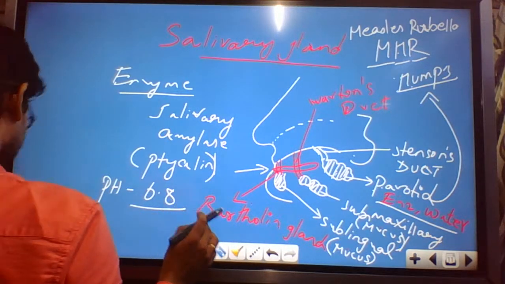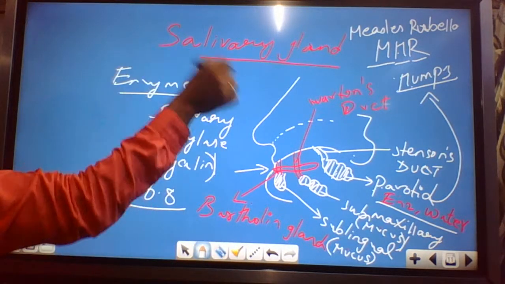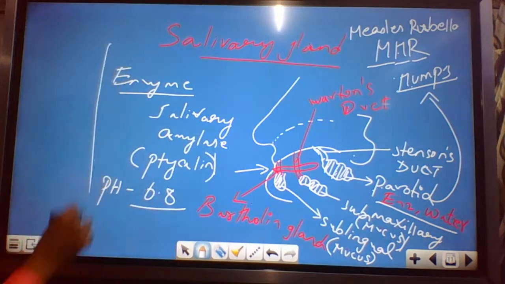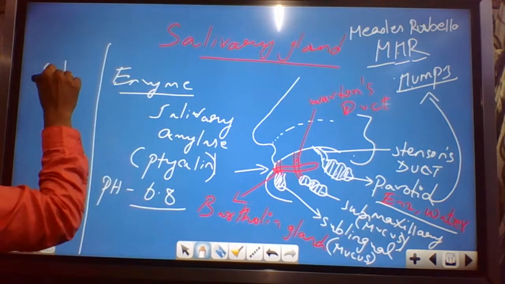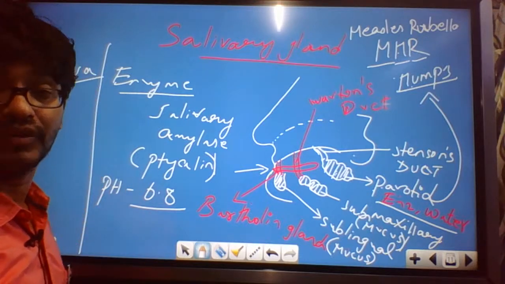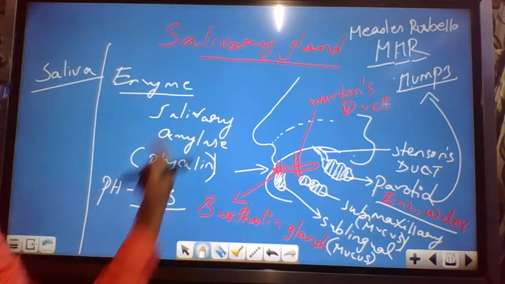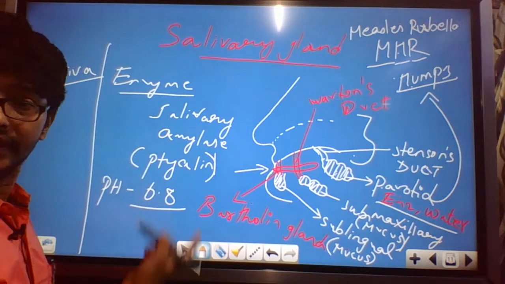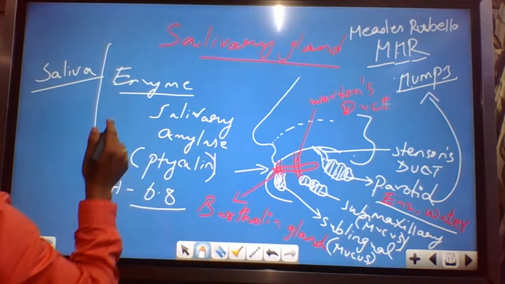Okay, so this is about the salivary glands. Usually, like I told you, they secrete saliva. So what does it secrete? The மூணு salivary glands சேர்த்து என்ன secrete பண்ணும்? Saliva-வை secrete பண்ணும். அப்ப saliva-ல என்ன இருக்கும்? Saliva, of course, I already told you, consists of salivary amylase. The pH is 6.8.